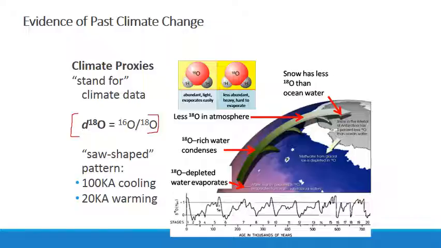If we look at the ratio of how much of a sample of oxygen is 16 compared to 18 isotopes, that's known as the δ18O curve for marine sediments.